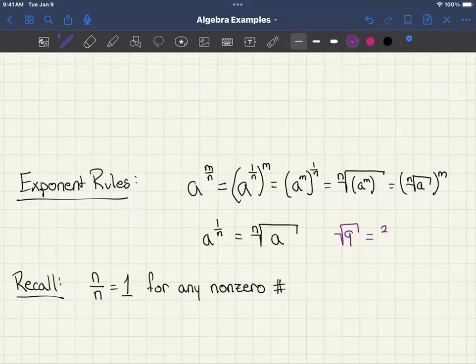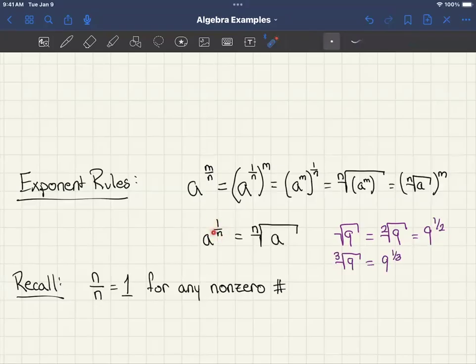That would be the same thing as putting a 2 out there, the 2nd root of 9, which is the same thing as 9 to the 1/2. Same thing. Usually we just avoid putting the 2 in there if we're taking a square root. A lot of times you'll see it much more frequently if you're looking at a cube root or something bigger. So that's the reason why we have that.